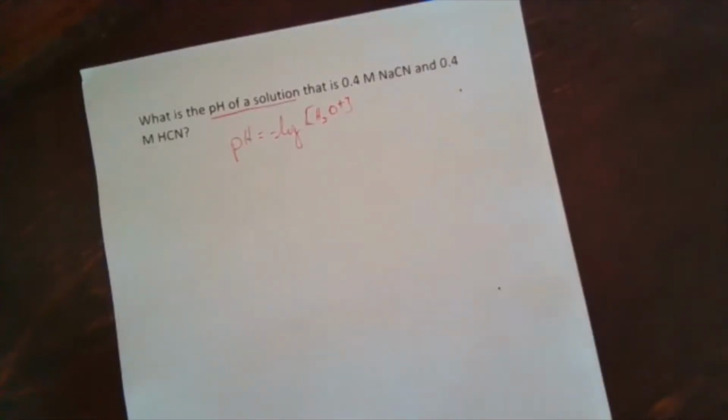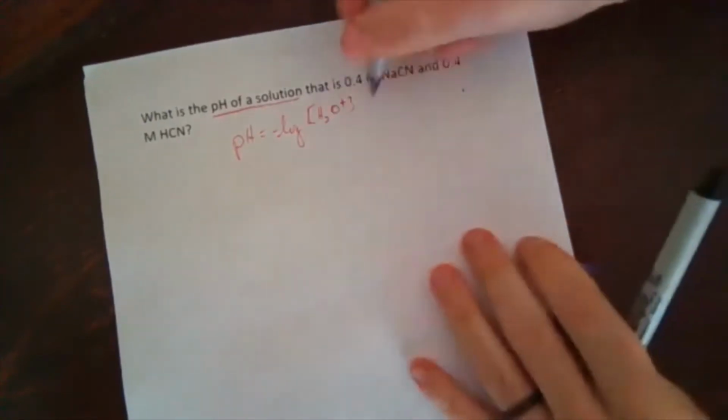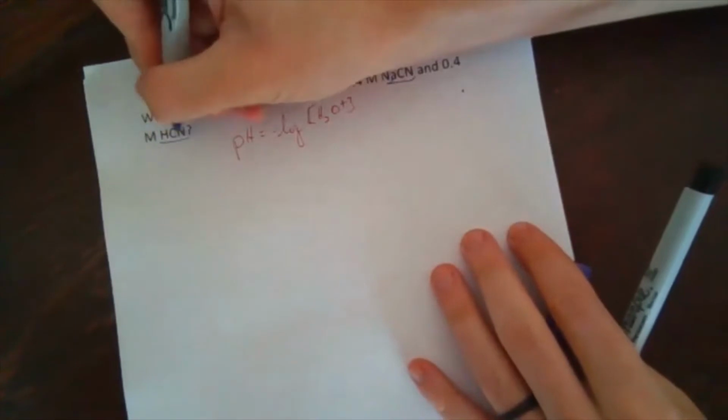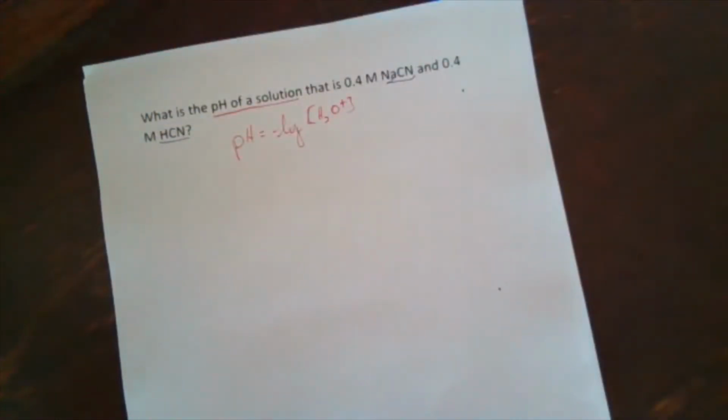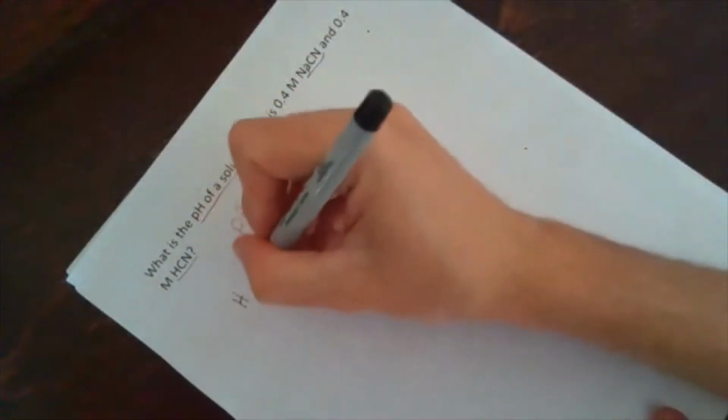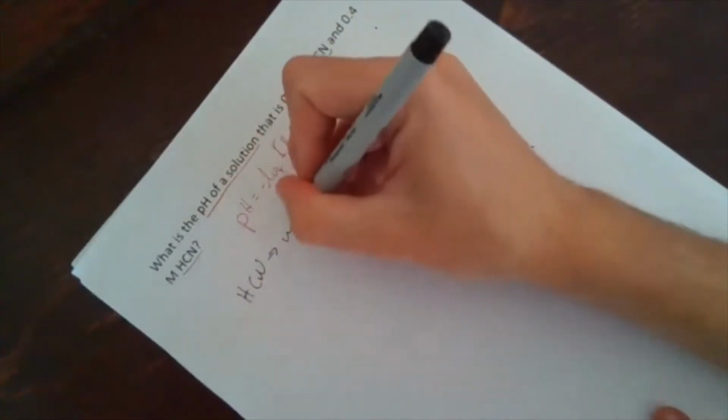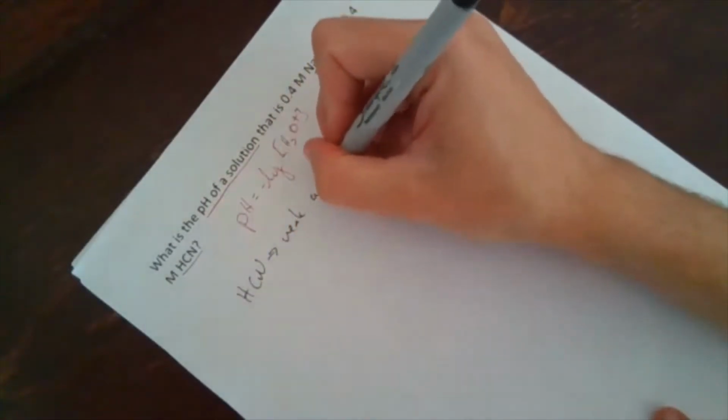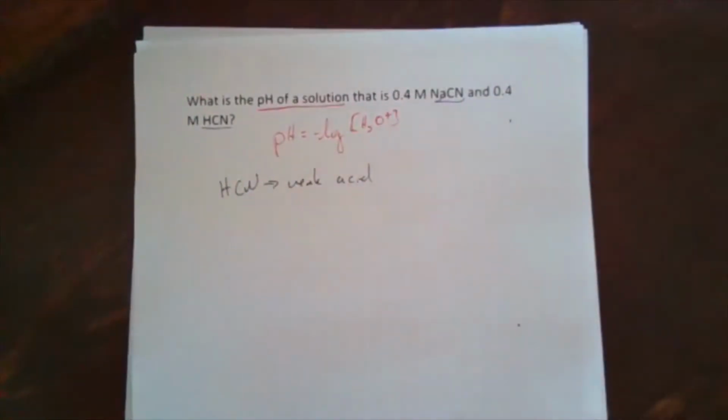We can see that what's in the solution is NaCN and HCN. Those are my substances in solution. HCN, that's a weak base. Sorry, weak acid. Hydrogen in the front, that's a weak acid. It's not on our list of six strong acids, but there's a hydrogen, so it's going to be a weak acid. Very nice.